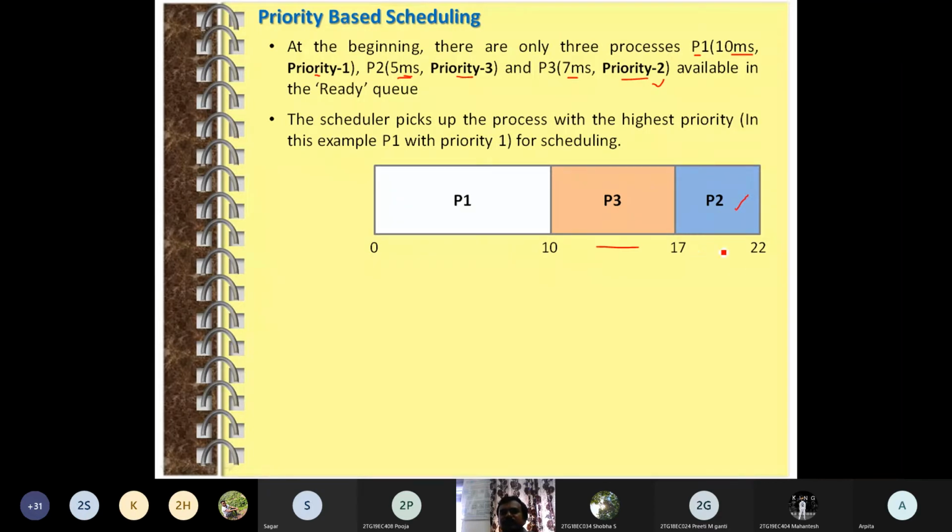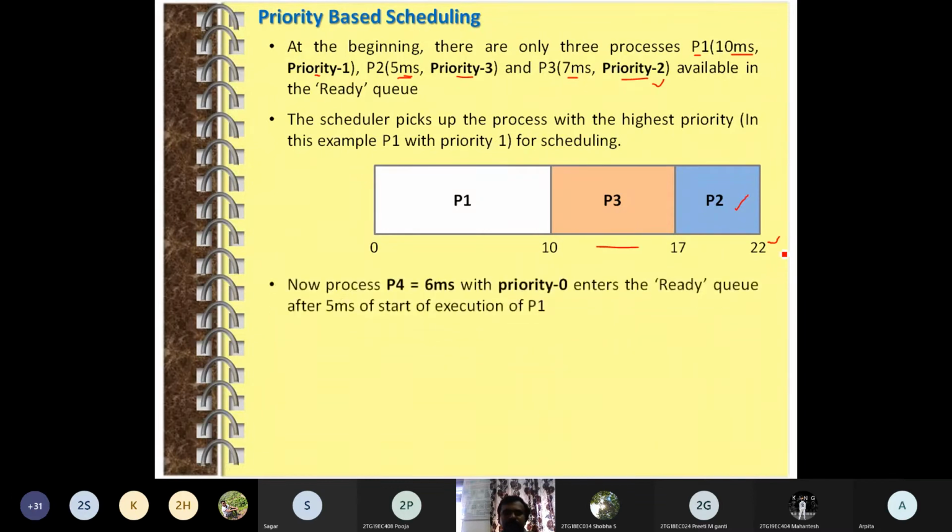So after 17, it is 22 milliseconds. Without any entry of a new process, this is how P1, P2, and P3 are executed based on priority: P1 first, P3 next, and P2 later.